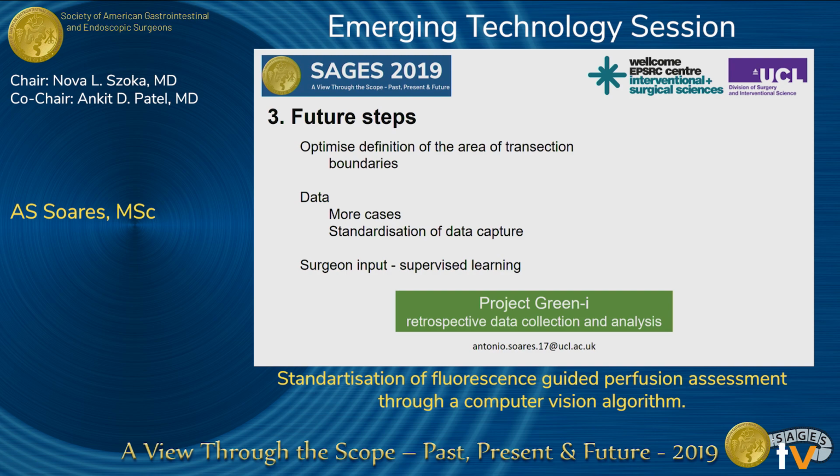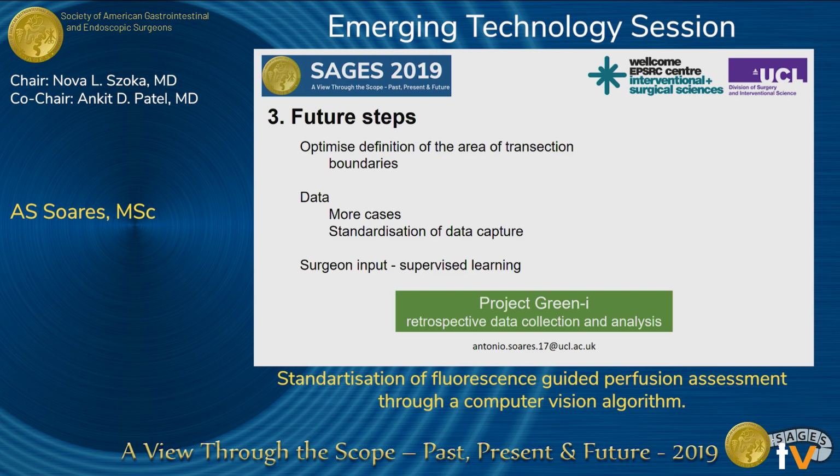Now, we want to optimize the definition of the area of transection. Right now, what you see are linear approximations, and we want to make this decision based on boundaries between clusters and not on a mathematical model. We also want more data, not only more cases, but most importantly, and this is, I think, one of the biggest benefits of being able to discuss this work in a larger audience, the fact that we are not standardizing data capture at the moment, and this presents a very important limitation to widespread development of these algorithms.